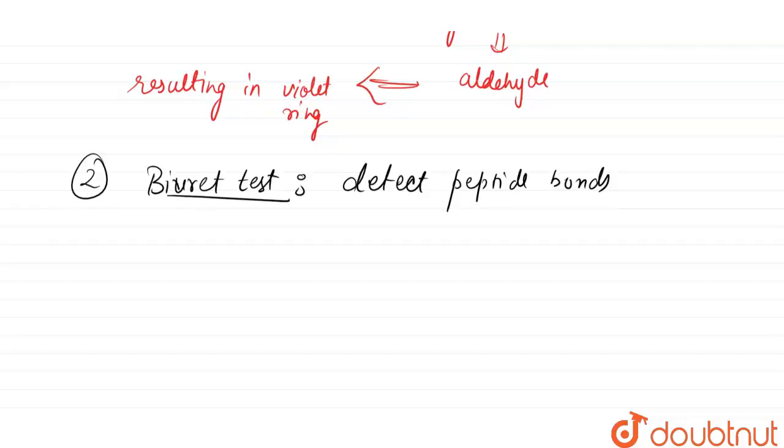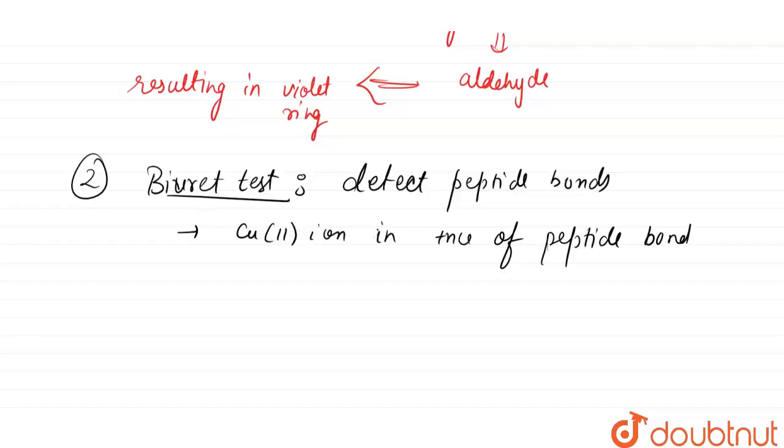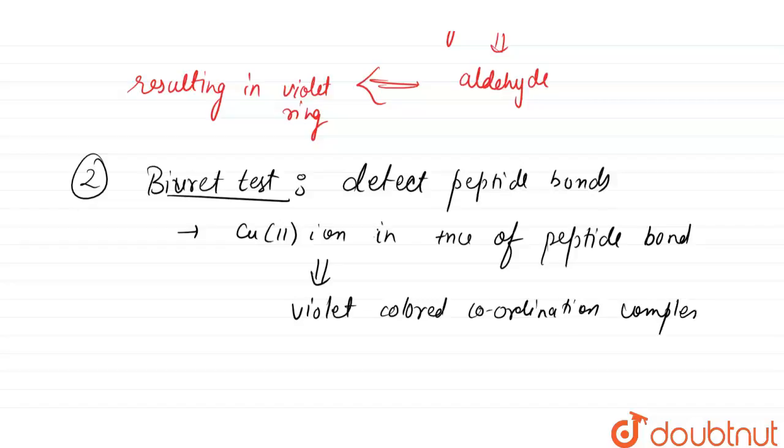What happens in this test is a copper 2+ ion in the presence of peptide bond forms a violet colored coordination complex in alkaline solution.